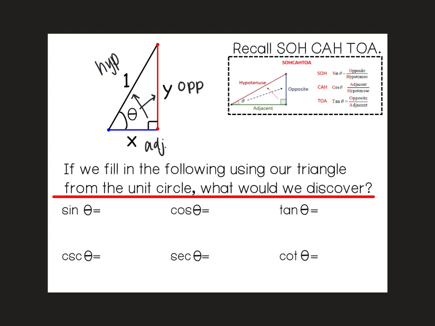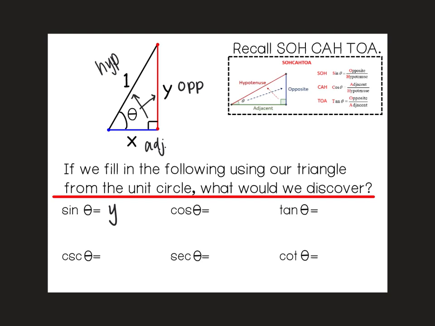Sine, if you look up here, is opposite over hypotenuse. The opposite side is y. The hypotenuse is 1. y over 1 is really just y. So I'm going to write that as just y. The next one, cosine. Our little table says cosine is adjacent over hypotenuse.